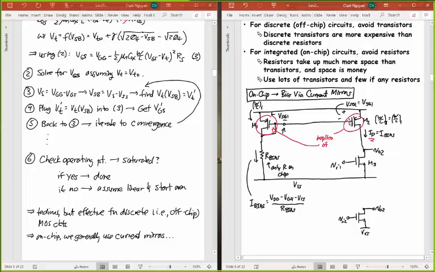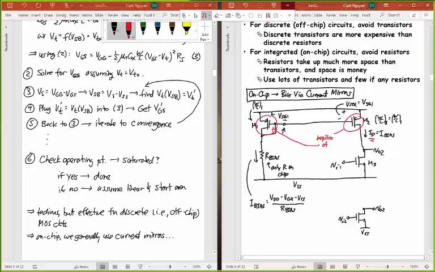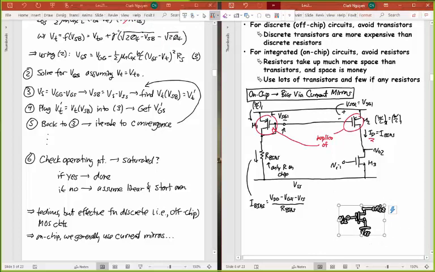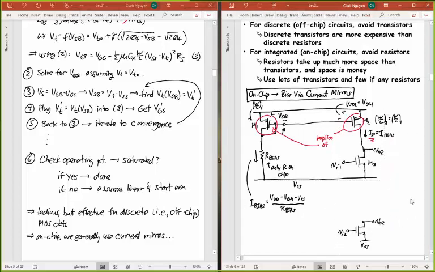So if I wanted to bias this amplifier that I have at the bottom, shift that a bit. Then all I would do is also load this with a similar PMOS device, have that at VDD.